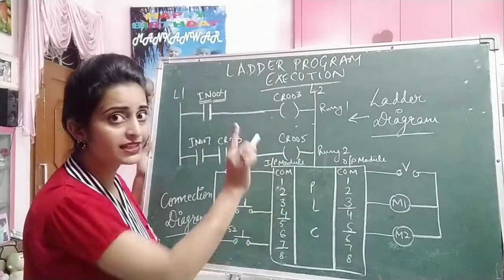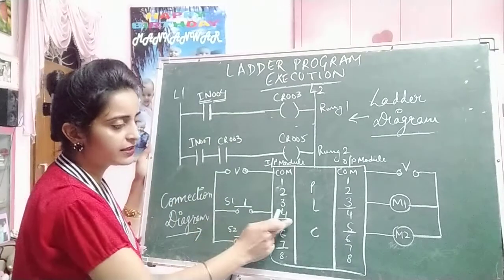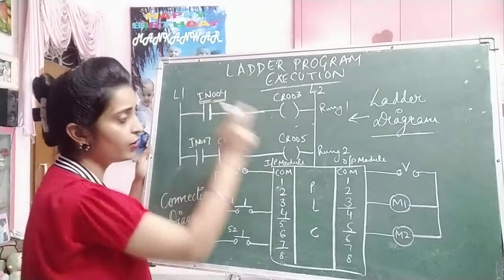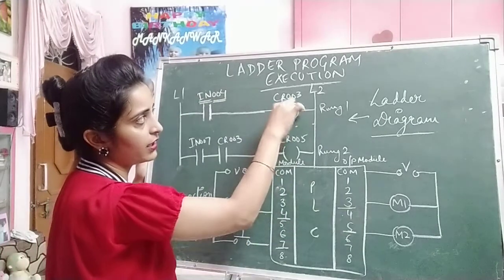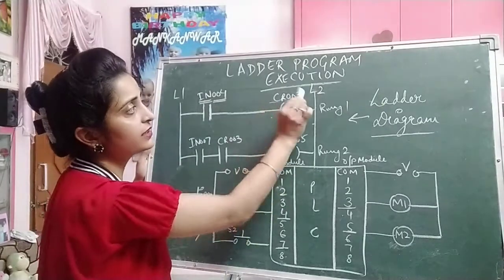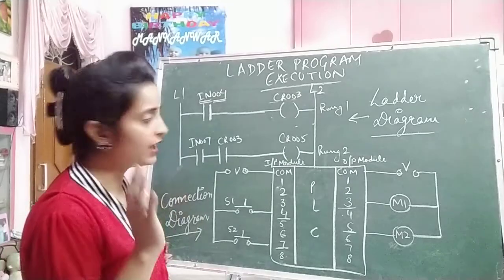I hope it's clear to you. The switch 1 at the input side is connected to terminal number 4, so that is why we have written IN004 here, and at the output side the connection is at terminal number 3, so we have written CR003, as per the labels we were using for the inputs and the outputs.